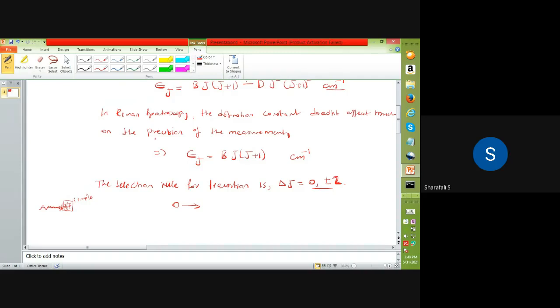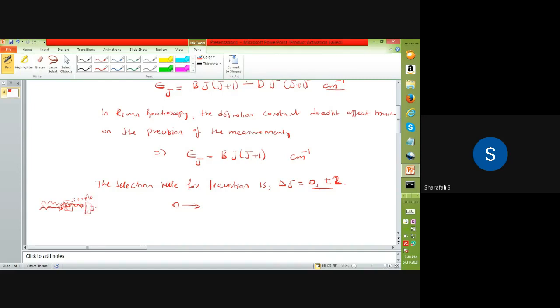In both cases we have an energy difference. If the molecule absorbs that energy, it will rotate. That is one possibility. And if the radiation does not interact with this molecule, it will simply come to the detector.